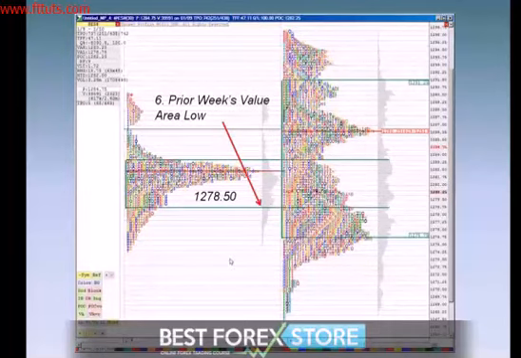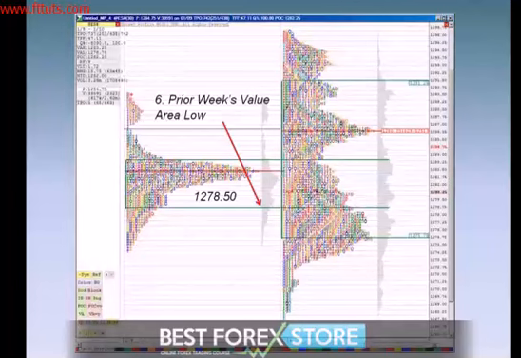All right, now we've looked at the highs. It's time for us to also look at the lows, the prior week's area low, the value area low. That is a very important number for you to identify. So what I am advocating for you is, before you embark on any trading for the week, you need to do this over the weekend or early in the morning or late in the evening, but this work has to be done before the open of a new week.